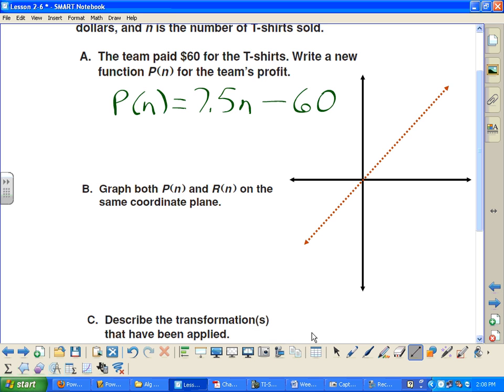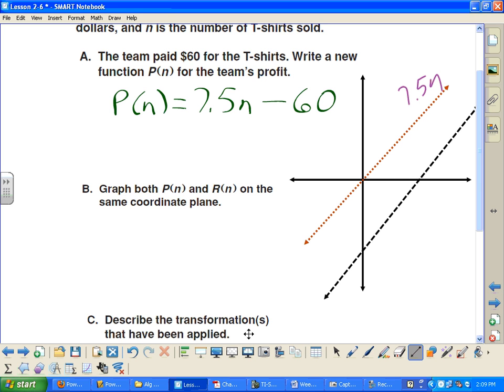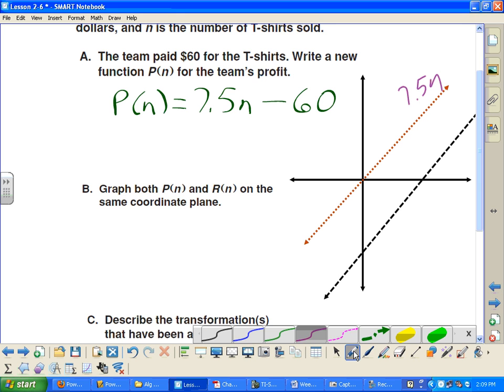Has a y-intercept of 0. Okay, so we're going to say this is 7.5n. Okay, and then the second graph is going to look like this then, where this is at -60, right? Okay, so what do we call that? Is that a horizontal translation or a vertical translation?